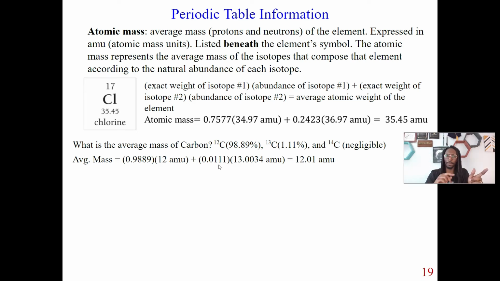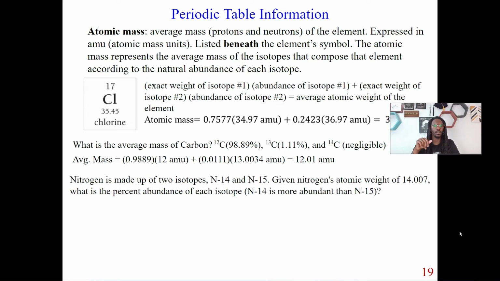So I just converted that percentage to decimal here, and that's 0.0111. So when we multiply this by this and this by this, and add those together, we get 12.01 AMU as my final average mass of carbon.